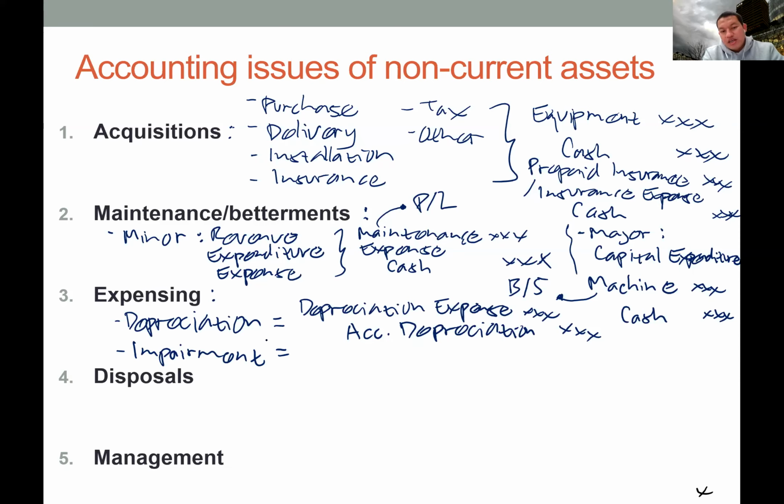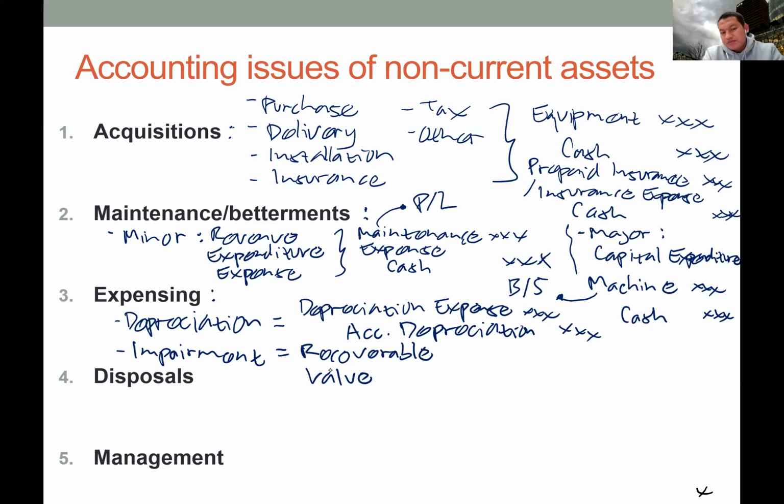At the end of the accounting year, the company should do what we call an impairment test. It's basically comparing the asset's recoverable value, as if the company is selling the asset by the end of the accounting year.